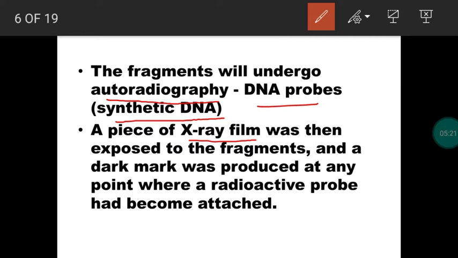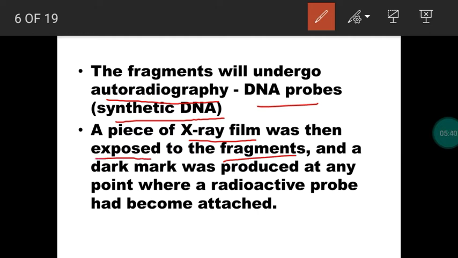Because on the surface of the nylon sheet there will be radiations, the DNA probe will emit radiations. To receive that, we are going to place an X-ray film there. So the X-ray film is exposed to the DNA fragments.